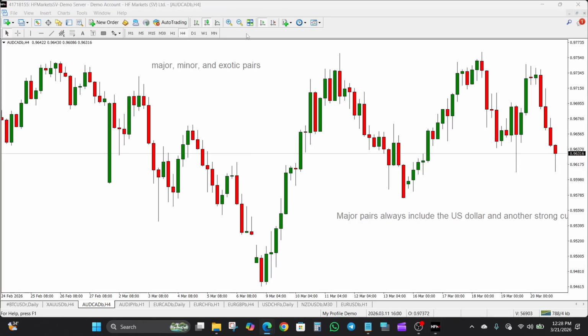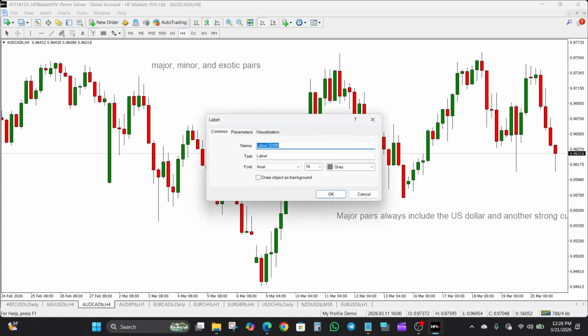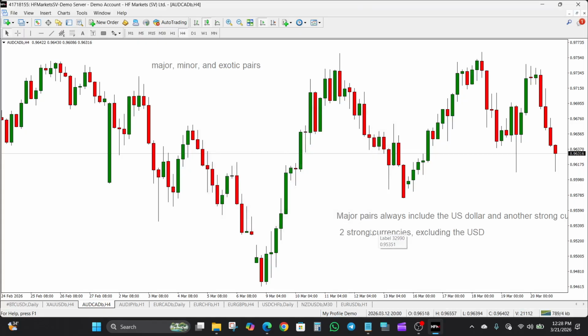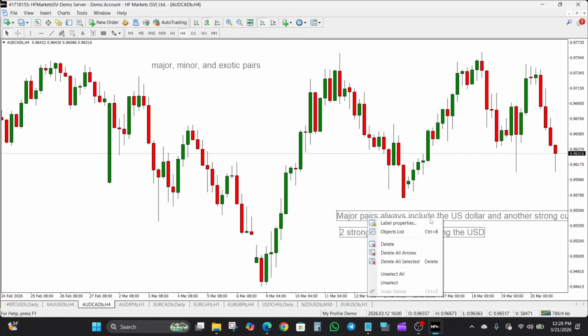Then the minor pairs, also called the cross pairs, include two strong currencies excluding the US dollar.